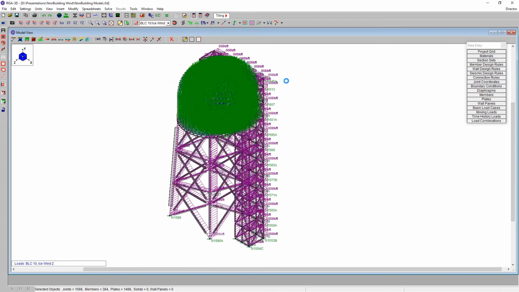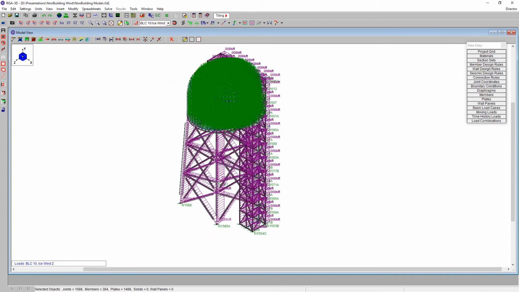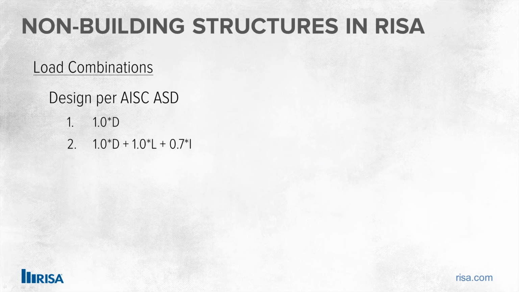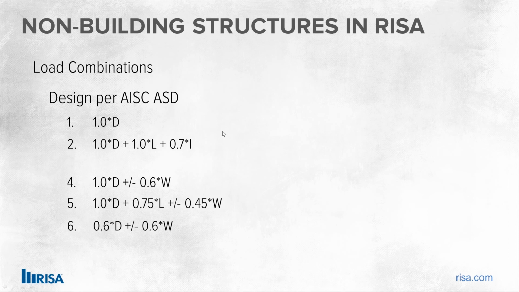So with all that loading applied, the last thing that I need to do is take care of my load combinations. So we're going to do the design of this per AISC ASD, and that means that we have the following combinations. We have just dead load here. We're going to have dead plus live plus ice in this case. And looks like my slide got a little out of order there.